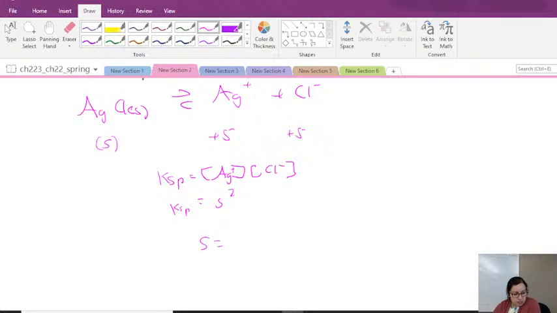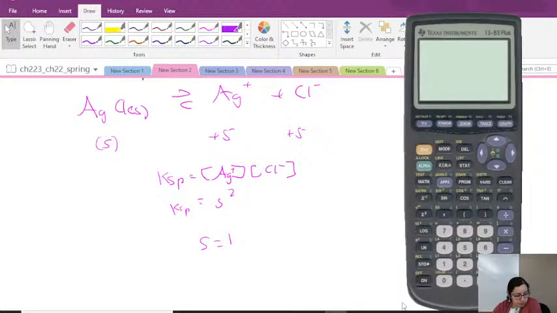I got 1.77 times 10 to the negative 20. Double check your calculator, not 20. So 1.77. Oops.